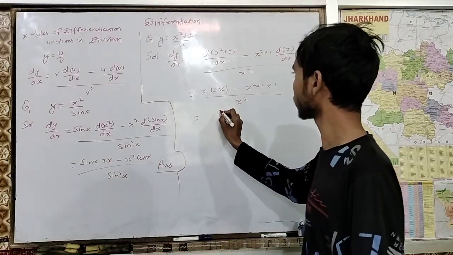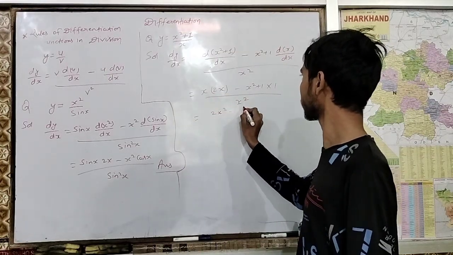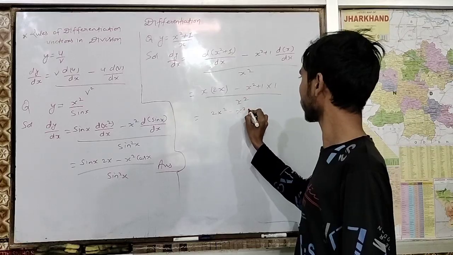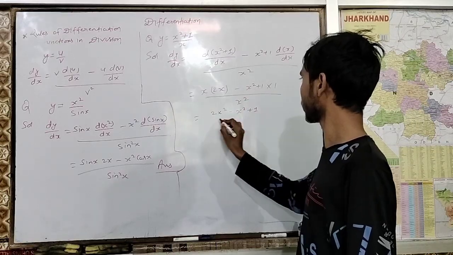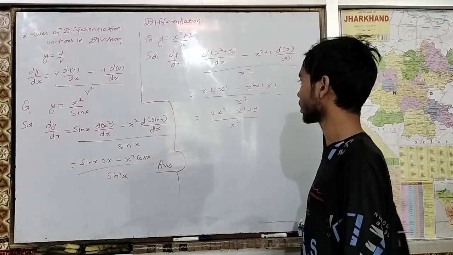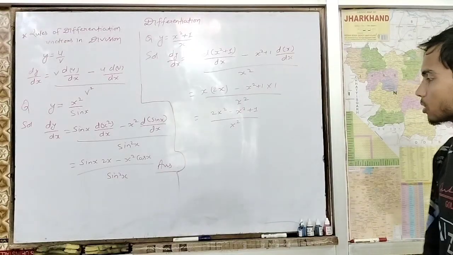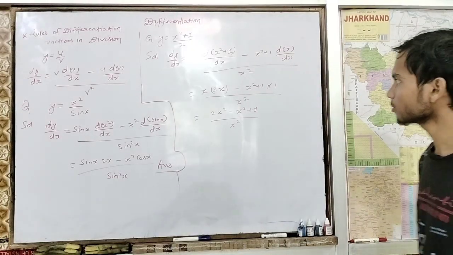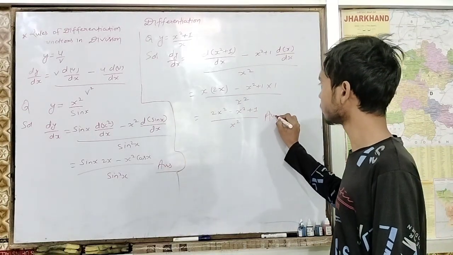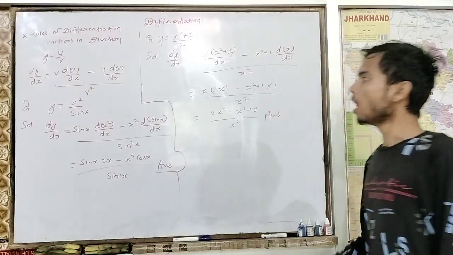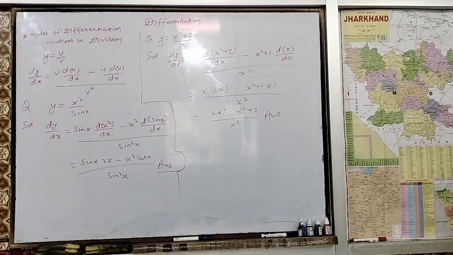So it is becoming 2x squared minus (x squared plus 1) upon x squared. Nothing is common. This is your final answer, after applying the differentiation formula as well as the rule.